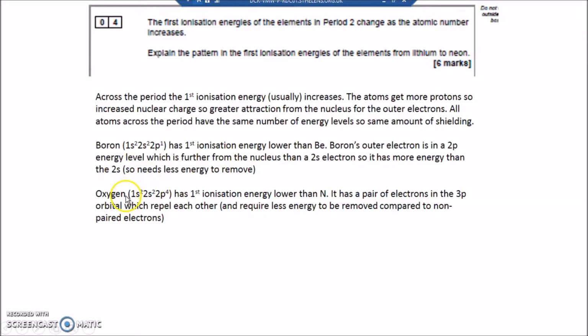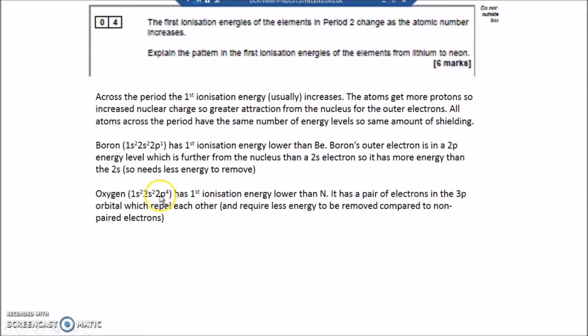Oxygen again. Oxygen's got a lower first ionization energy than nitrogen. So you had nitrogen and oxygen. You'd expect oxygen to be higher, but it's lower. And the reason is it's got 2p4. Normally what happens in the p levels is you go 2p1, 2p2 and 2p3. It can hold 6, but it's half full at 2p3. When you get to the fourth electron, they pair up.